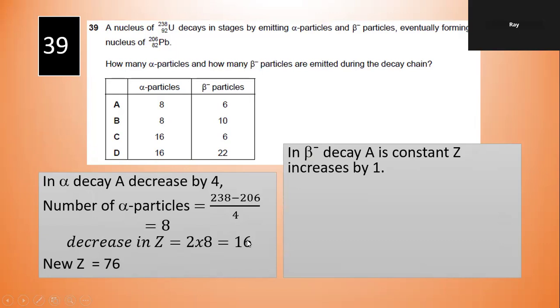That will decrease by 16. But for beta minus decay, A is constant, Z increases by 1. So you got 82 here, you got 76 here. So subtract. Any comment? No.